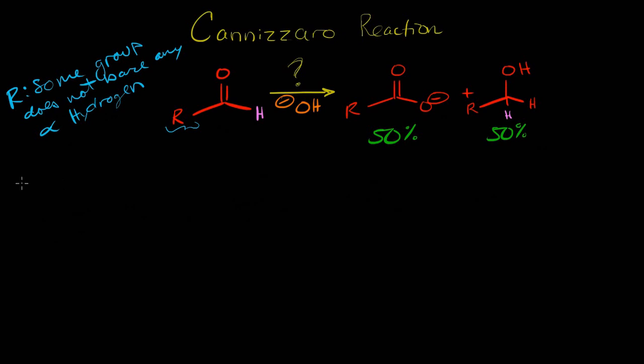I'm going to do this with benzaldehyde as my R group that does not bear that alpha hydrogen. Great. And then we said hydroxide, and for the sake of it, I'm going to say potassium hydroxide. I'm intentionally writing down the potassium counterion because in the end I'm going to use it, up here, right there.